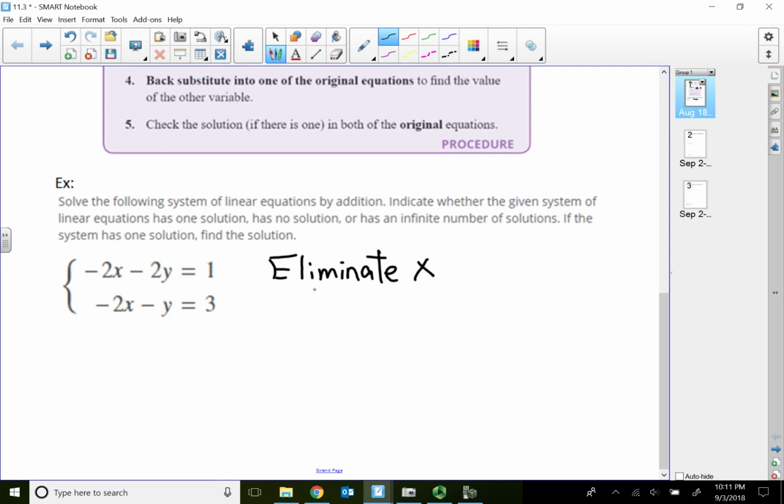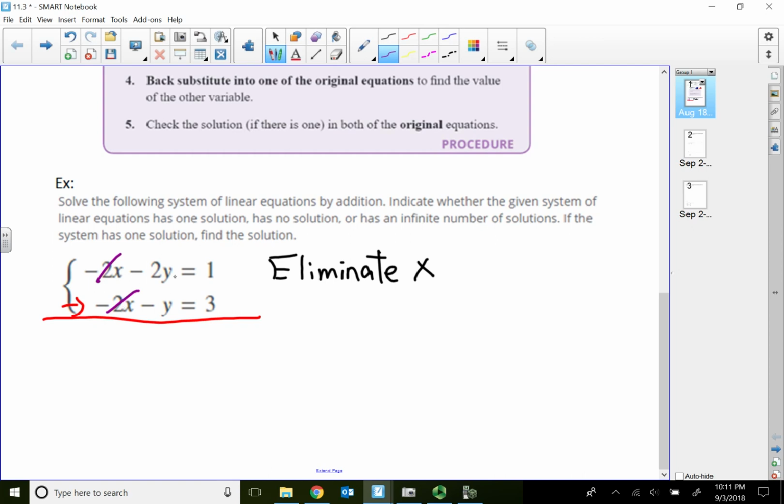If I eliminate the variable x, the resulting equation will just have y in it. Since the two coefficients have the same sign, to eliminate them we subtract the two equations. It doesn't matter whether I take the top minus the bottom or the bottom minus the top, the answer will still be the same. So I'm just going to take the top minus the bottom. -2x minus another -2x cancels out.